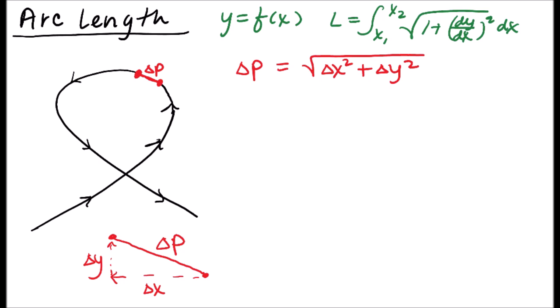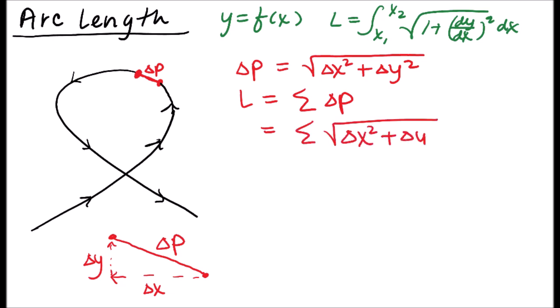Very sloppy. And so I'm going to find this length by adding up all of these delta p's. Okay, so this is the sum of a bunch of square roots of delta x squared plus delta y squared. But it's kind of missing some stuff to be something we can turn into an integral.